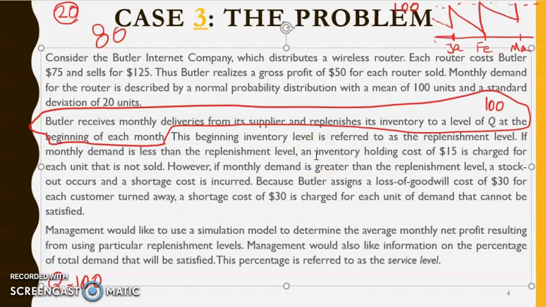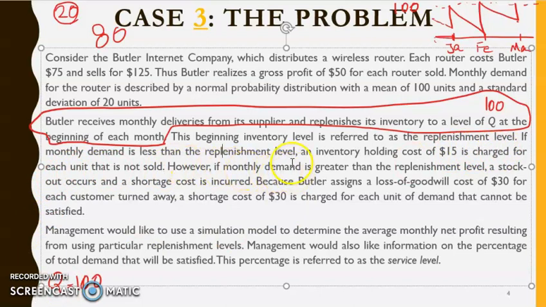So since we have inventory at the end of the month, it would cause some cost on us, and it says an inventory holding cost of $15 is charged for each unit that is not sold, and it is calculated the way that I just told you.